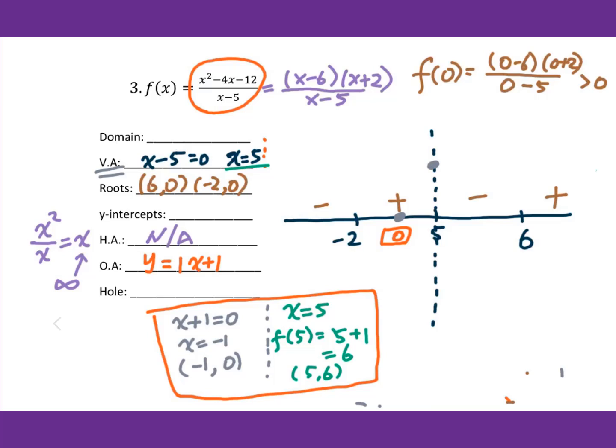6 is above this x-axis. Then I connect these 2 points. This will be your oblique asymptote line. For zeros, I will draw a big dot because your graph has to pass through that. Pass through this 6. Positive, that means like that, above this number line.